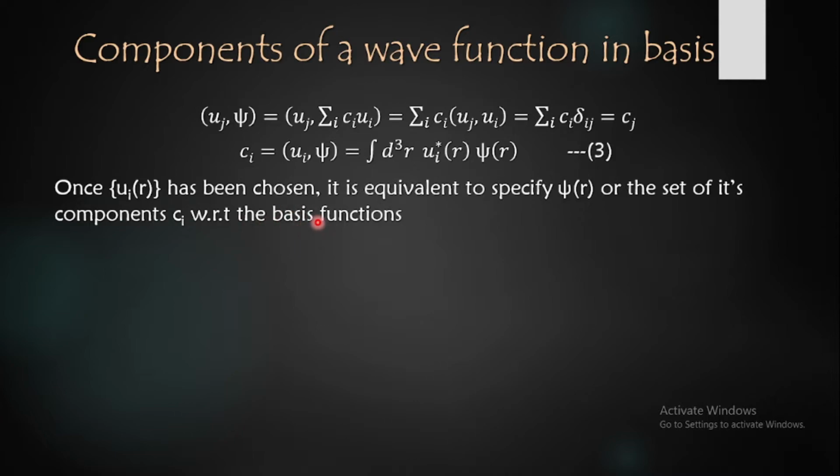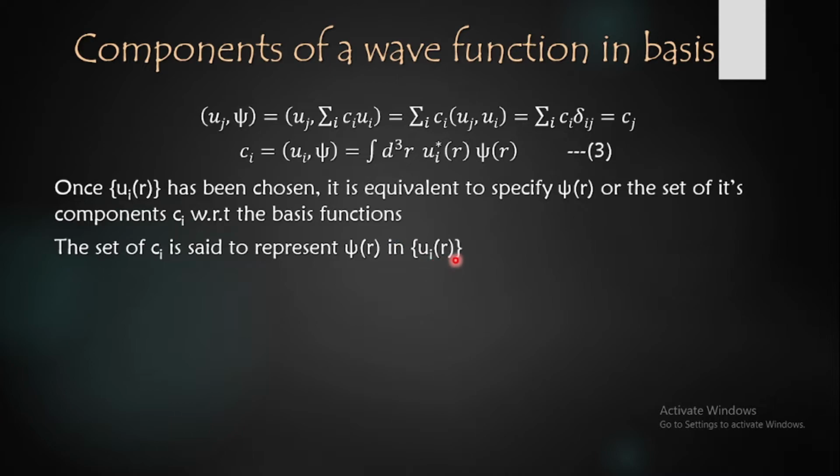So once we consider a set of functions which is a basis, a collection of all the terms denoted as the set ui of r, any wave function, let us say xi of r, can be expressed with respect to the basis functions which are again contained in the same set. So the set of numbers ci is said to represent xi of r in the basis ui of r.